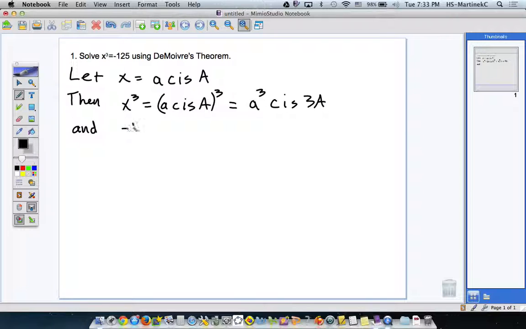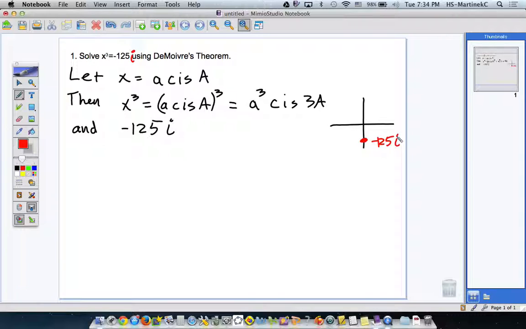And negative 125i, let's change this to polar form. If I just looked at where negative 125i is plotted, it would be right here.